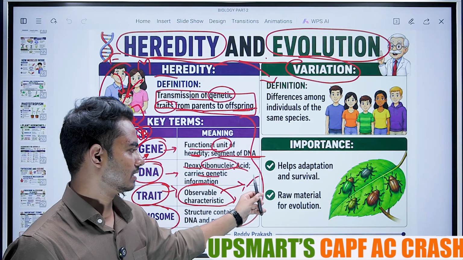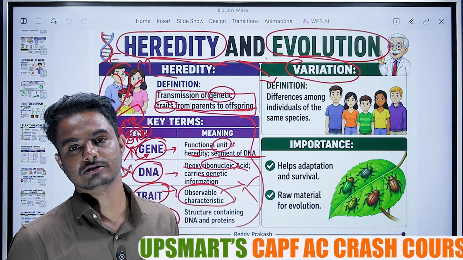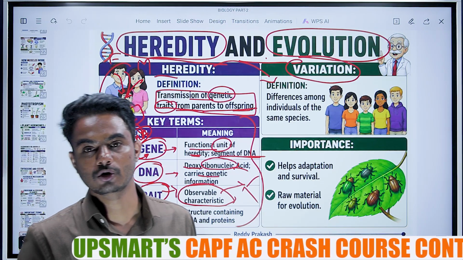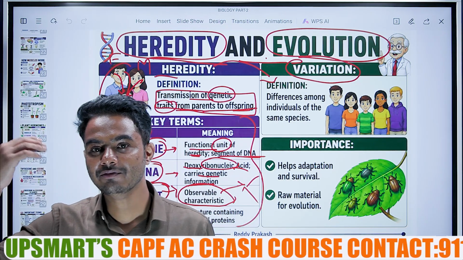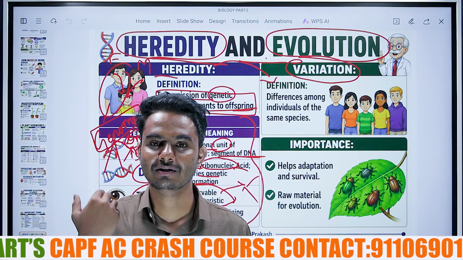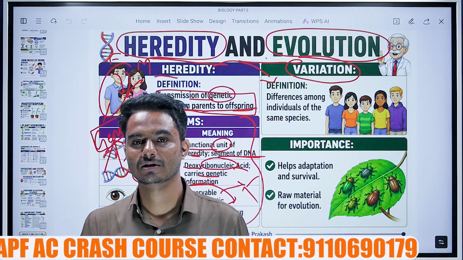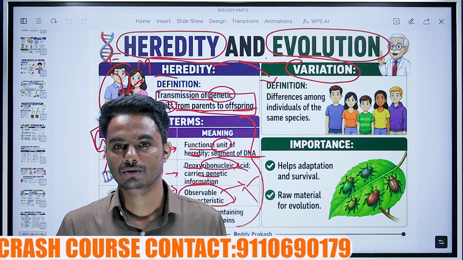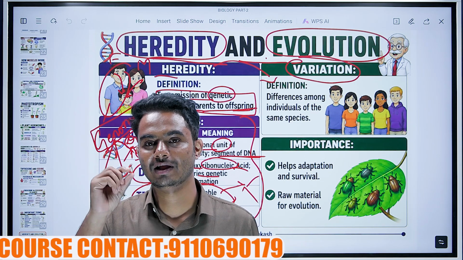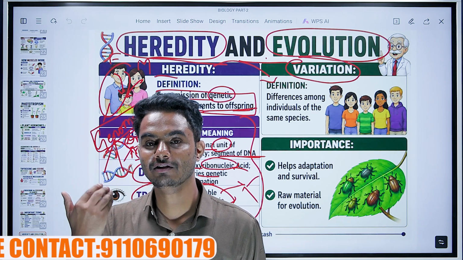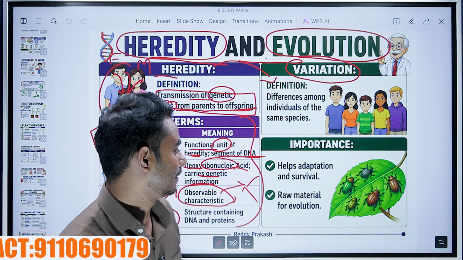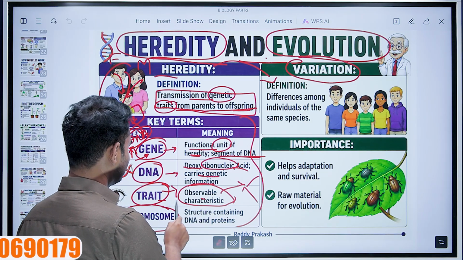That can be morphological traits, physical traits or various other things. Traits means what you can observe. I told you I got my bigger eyelashes from my father. He had very, very crazy beautiful eyelashes. And my friends say, yo Prakash, you have very good eyelashes. This is because of the heredity from my father. Okay, that is the trait.